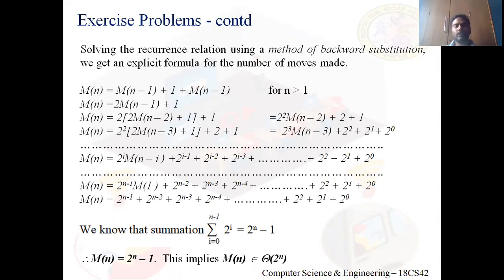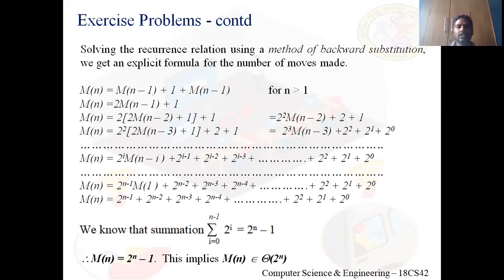Got it? So next, since it's a recursive algorithm, here we need to set up a recurrence relation for the basic operation. While we set up a recurrence relation, very important is that we need to define an initial condition.